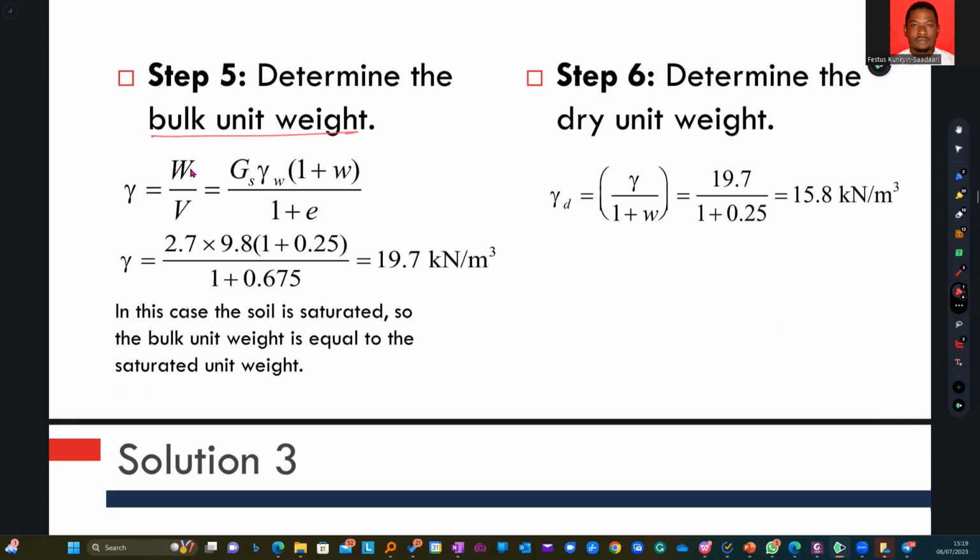They didn't say dry, so the sample may have water or it may not have water. You are using the sample as a whole. Expressing that further, you can use this formula from the chart or the table of formulas. You derive this from there, and then you substitute all your parameters, and you have this.